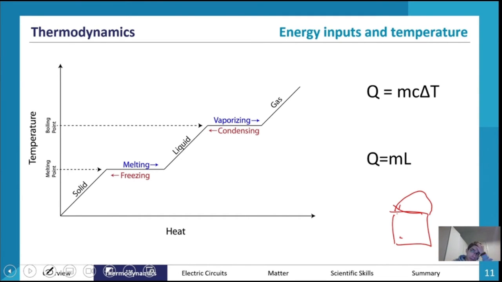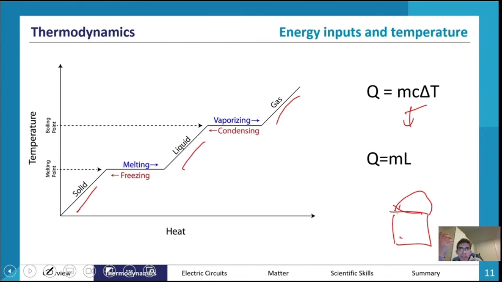The specific heat capacity is different at each stage, and the gradient here actually is indicating a property of the specific heat capacity. The steeper the gradient, the lower the specific heat capacity, because it's easier to increase the temperature of the object by 1 degree Celsius, right?